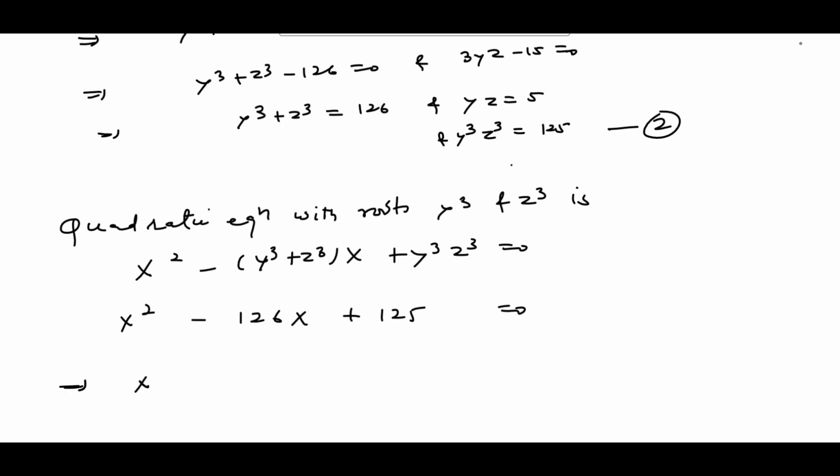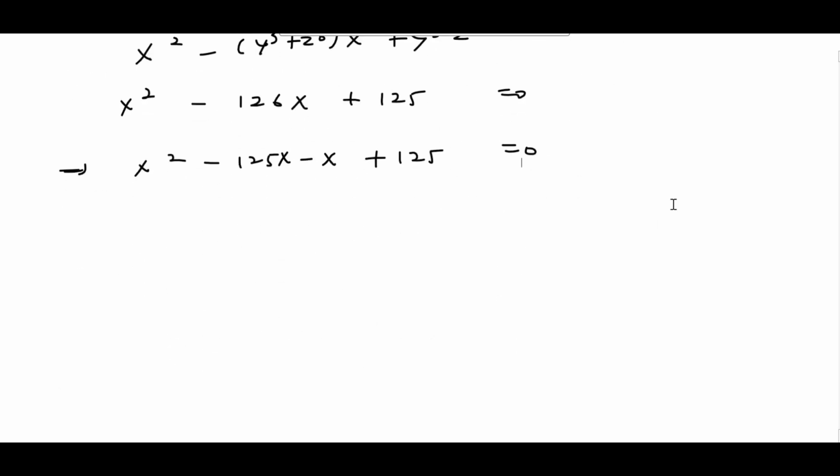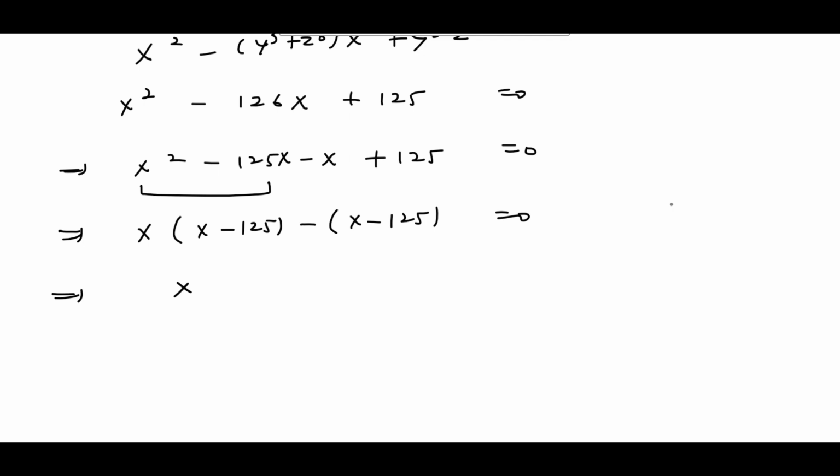So we can write here X square minus 125X minus X plus 125 is equal to 0. So now take X as a common from here, we will get X minus 125. Take the negative common here, then we will get X minus 1 is equal to 0. So from here the value of X is equal to 125 and X is equal to 1.